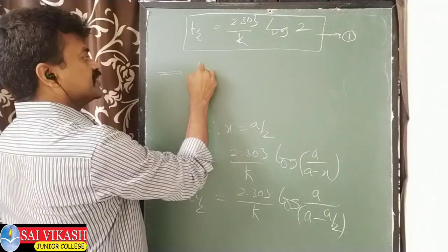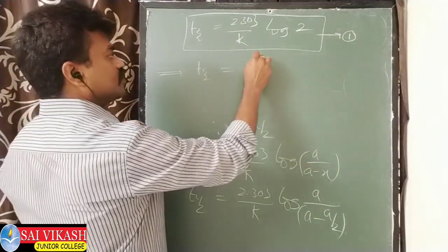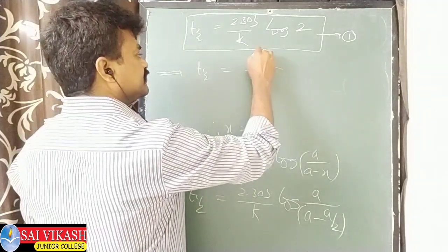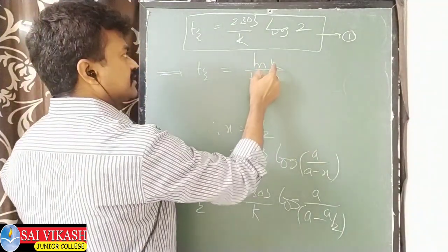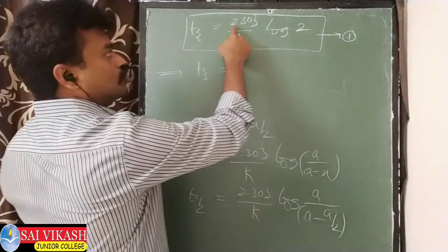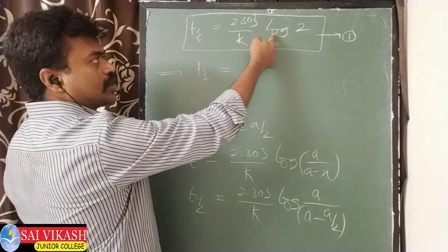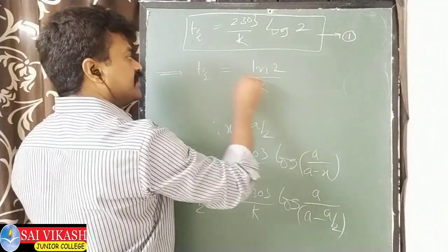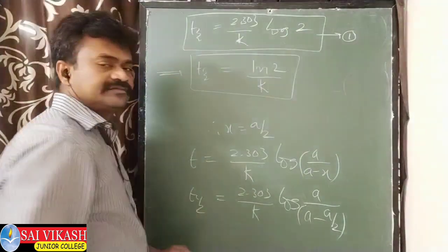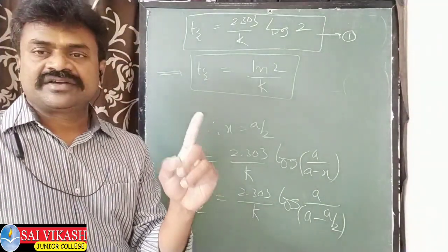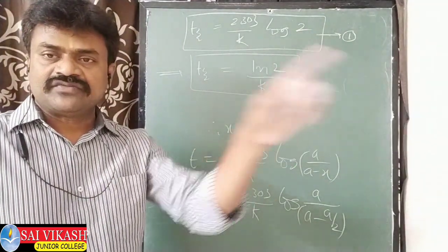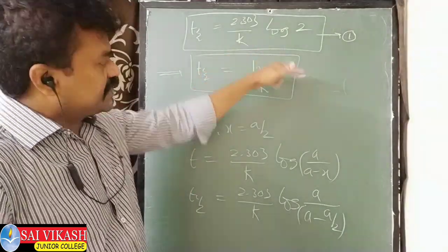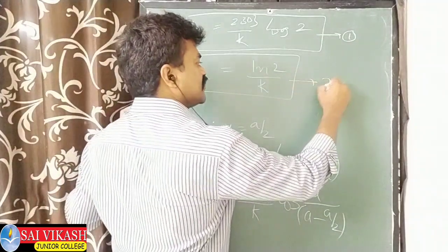So t half equal to ln 2 divided by k. Yes, this is one formula. T half related to natural logarithm for first order is t half equal to ln 2 by k. This is equation number 2.